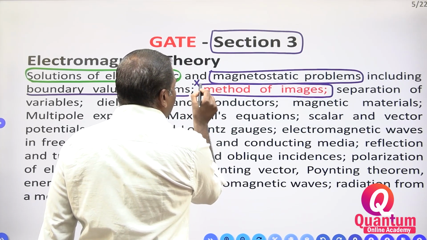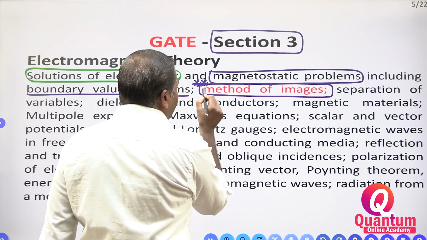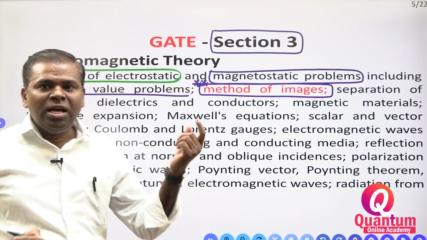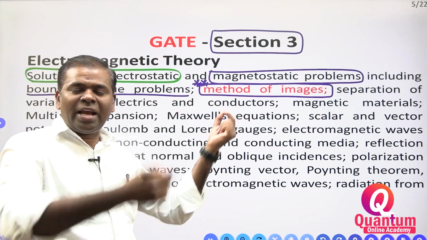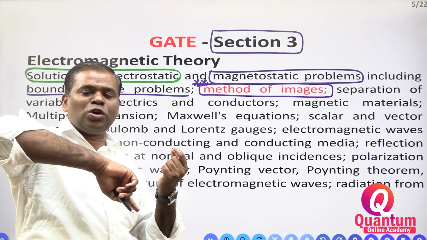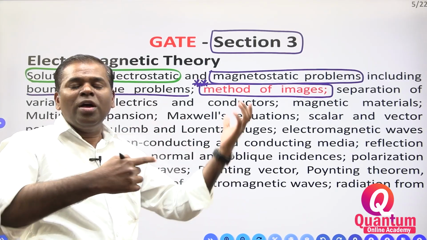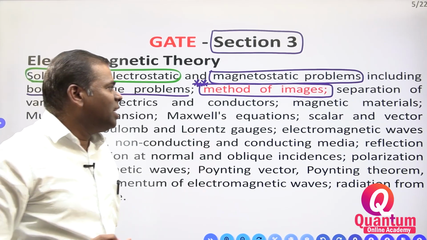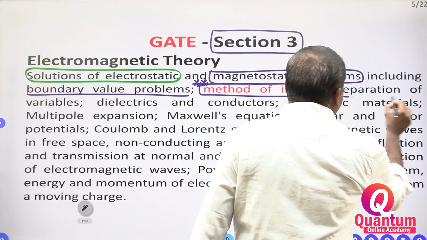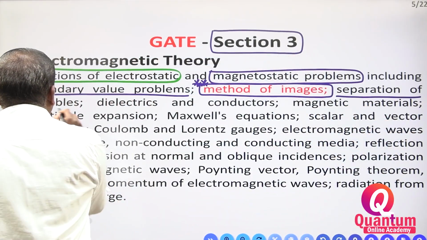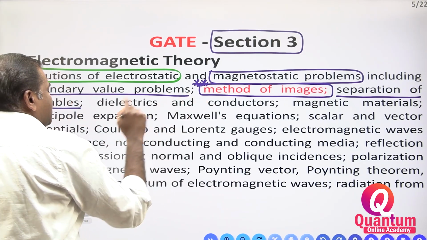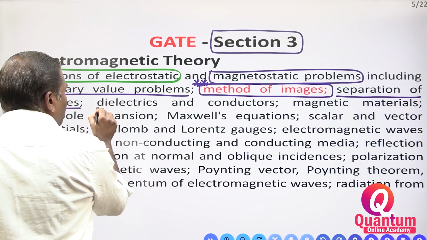Compulsorily one question will come in the GATE examination using the method of images. Suppose some point charge is there, then we also have to assume a shadow charge and solve using the method of image charges. Next, separation of variables.